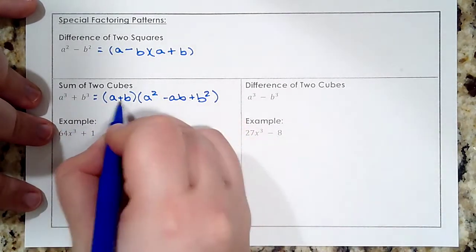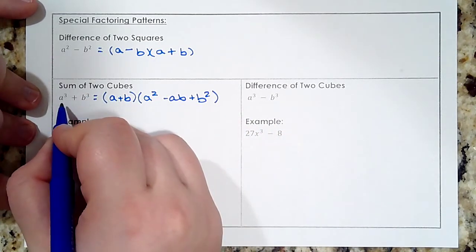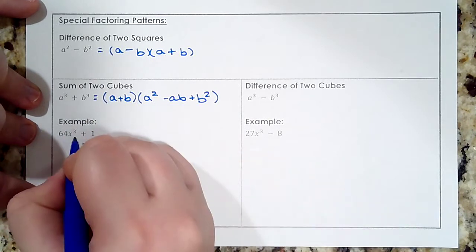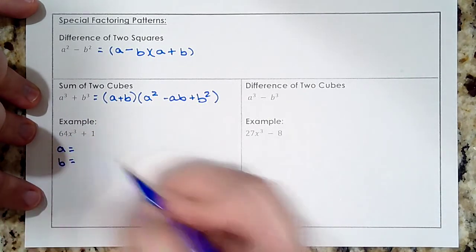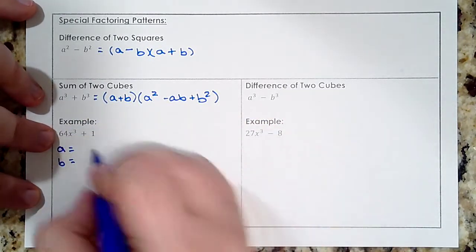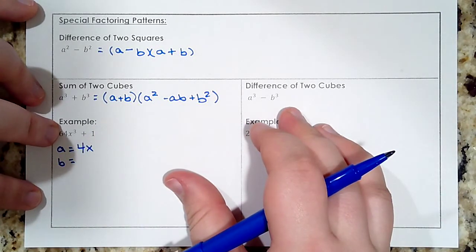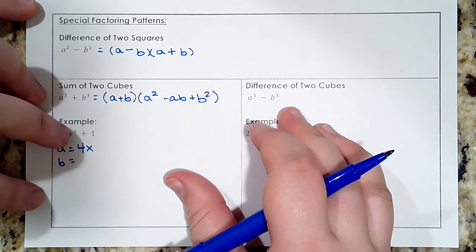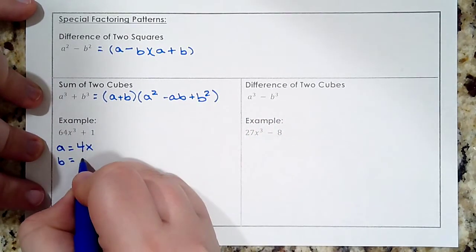And for my sake, because I know I'm going to be working with a's and b's, and those are just the uncubed version of a cubed and b cubed, I like to write what my a and my b are. So in this case, the uncubed version of a is going to be 4x, because I took the cube root of 64, took the cube root of x cubed, and then b, the uncube of 1, is just 1.